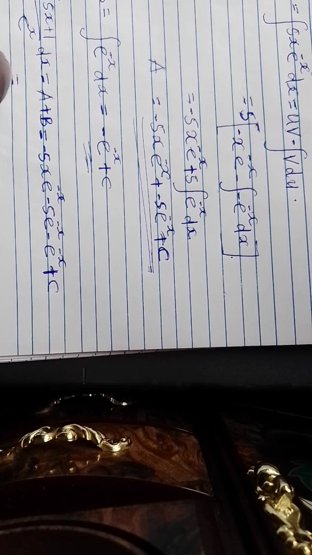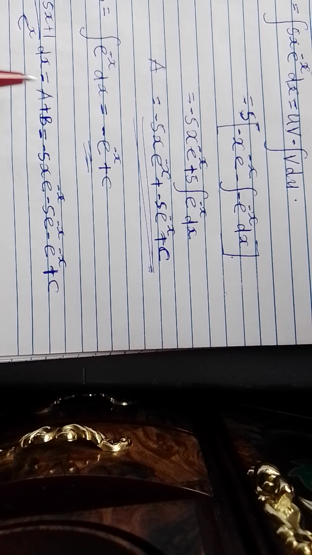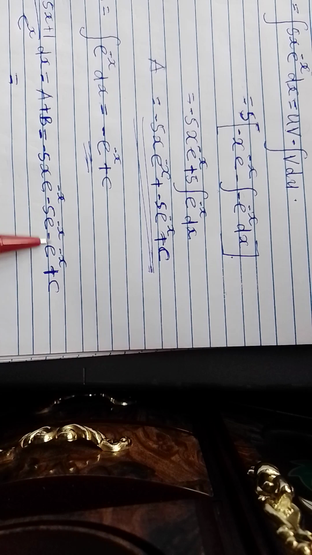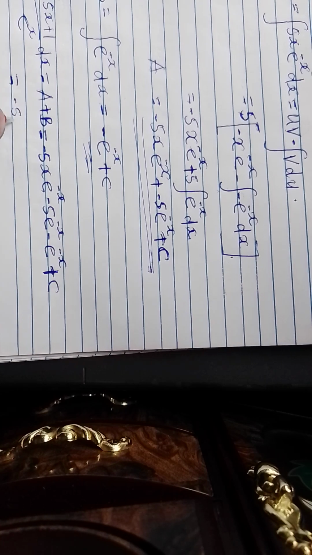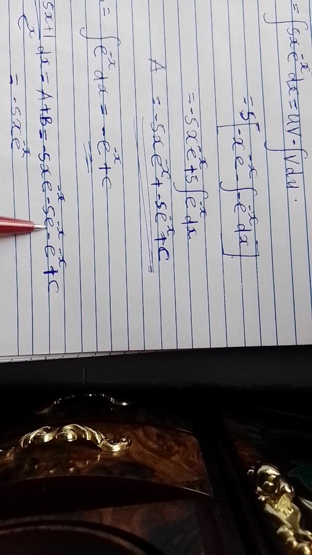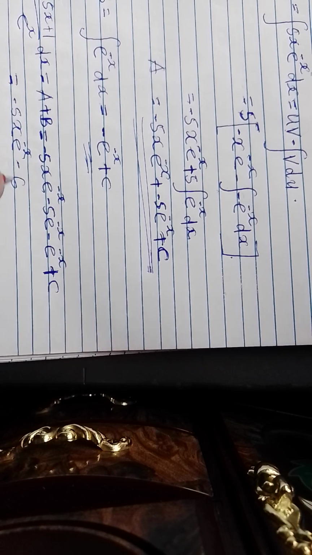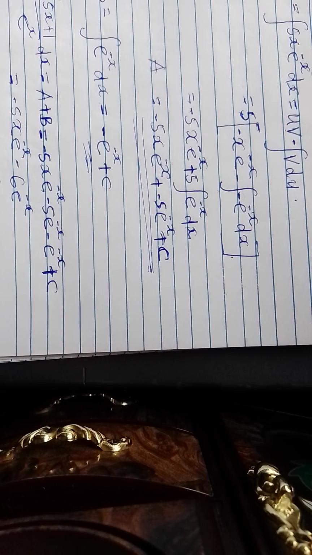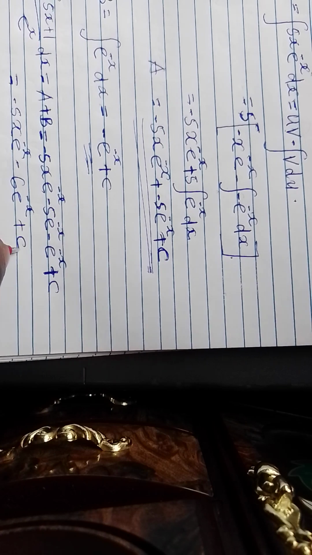So let us add and get the summation of A and B. Looking at this value here, I see some like terms. We have two like terms, so we can add them. So we have minus 5x exponential raised to power negative x. Then this one becomes minus 6 exponential raised to power negative x plus a constant.